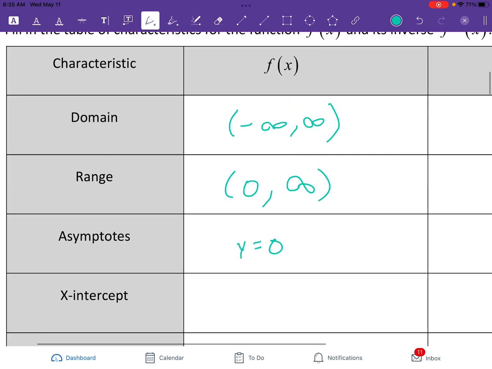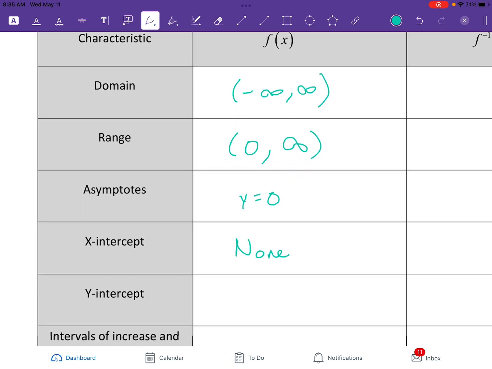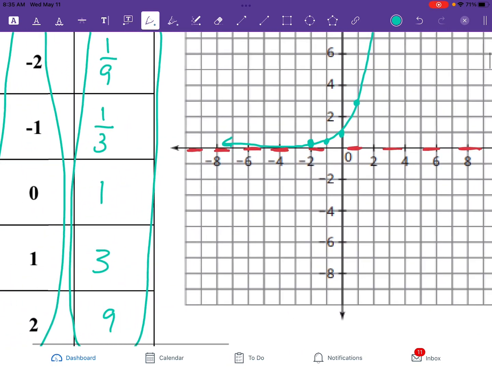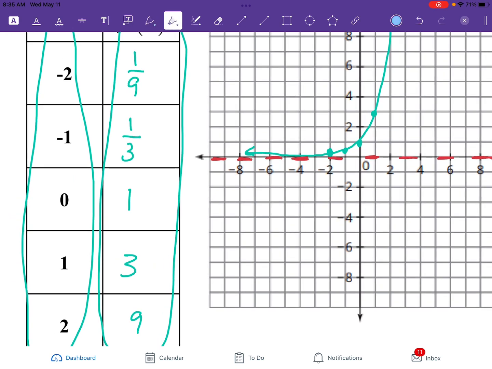The x-intercept: because the asymptote is on the x-axis, this does not cross the x-axis. That means there is no x-intercept. The y-intercept, where the graph crosses the y-axis, is this point right here, 0, 1, which again is right there on the graph.